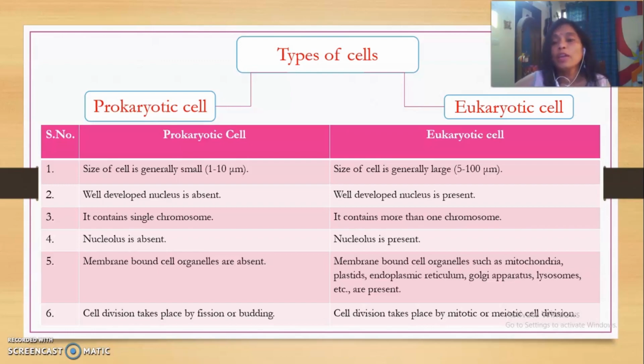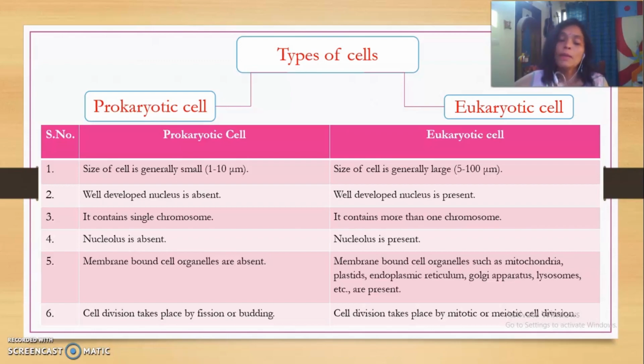In prokaryotes, only RNA is present, whereas in eukaryotes, both RNA and DNA are present. Inside the nucleus, which we are going to study in this chapter itself, there is another body which we call the nucleolus. In the prokaryotic cell, the nucleolus is absent, whereas in the eukaryotic cell, the nucleolus is present.